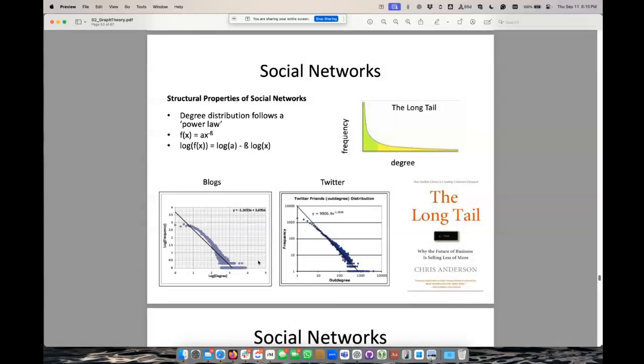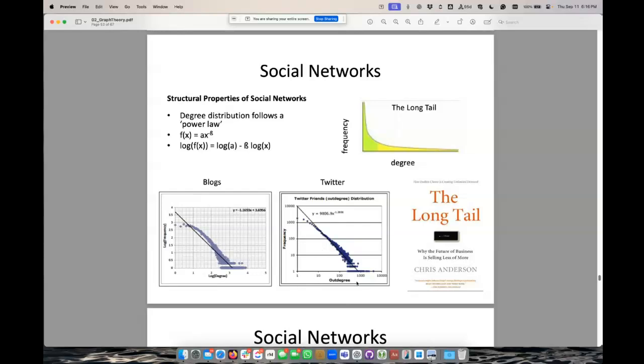Meaning, if you look at the number of connections or degree of an individual, and how many such individuals are there with that much degree, then you will see such behaviors, right? For example, in this case, we are looking at Twitter on the second trend chart.